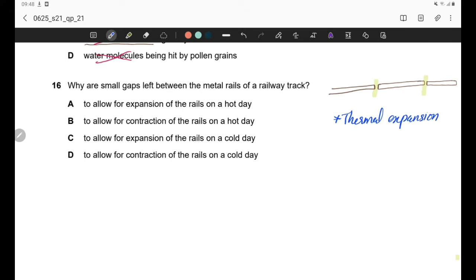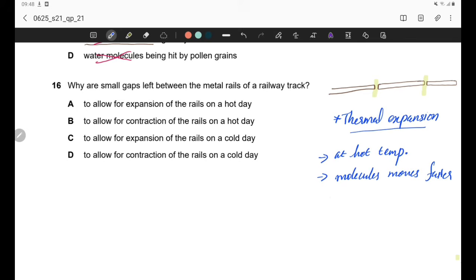What is thermal expansion? When the temperature increases, molecules gain more energy, so they move quicker, so the space between them will increase, so the object will expand. So thermal expansion means at hot temperature, molecules move faster as they gain more energy in the form of thermal energy.